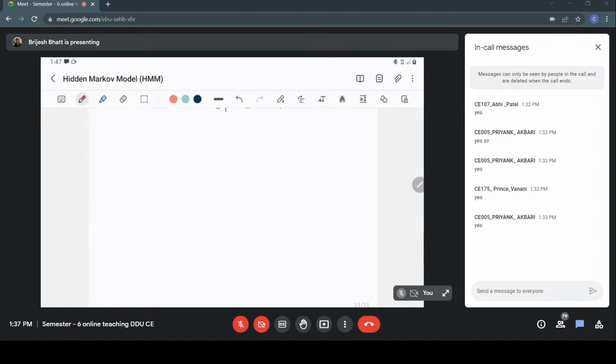The kind of problems that we have discussed so far, there are 3 types, right? One is where you see the input and decide the class label. That was one type of problem that we have discussed.